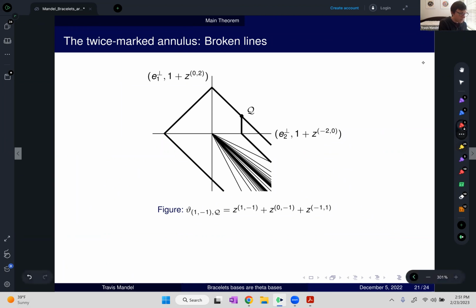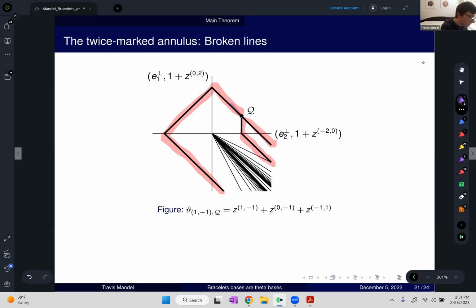So as I mentioned, in the theta function construction, you have to count broken lines. In this case, we have these 3 broken lines. I haven't told you what broken lines are, but hopefully drawing a picture gives some idea that there are these piecewise straight lines that are allowed to bend when they cross walls, and there are certain rules about how they can bend. And then you look at where they end.